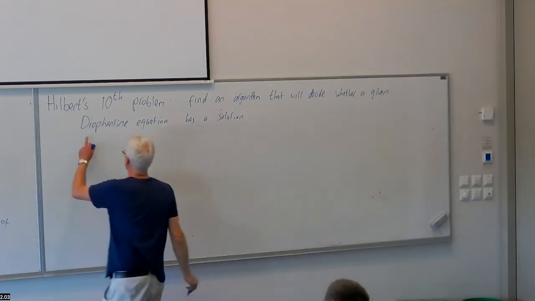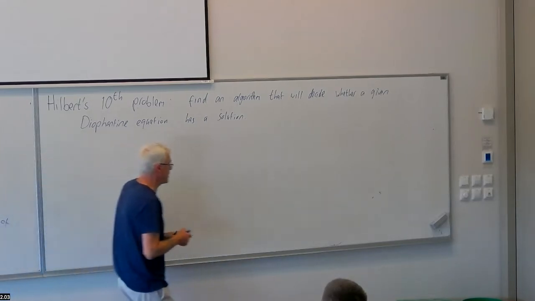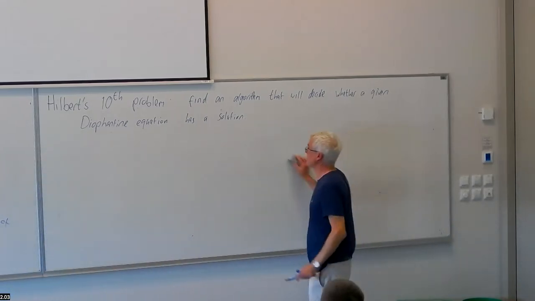A Diophantine equation is an equation between polynomials in which all the coefficients are integers. Maybe I should specify that we're trying to find an integer solution.